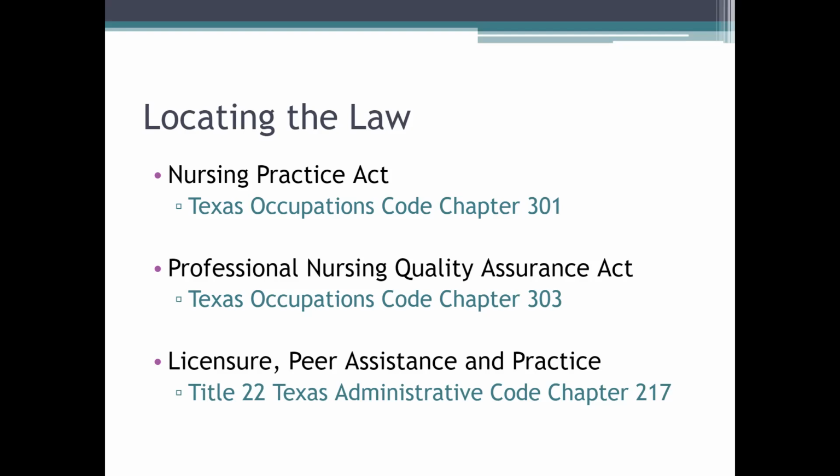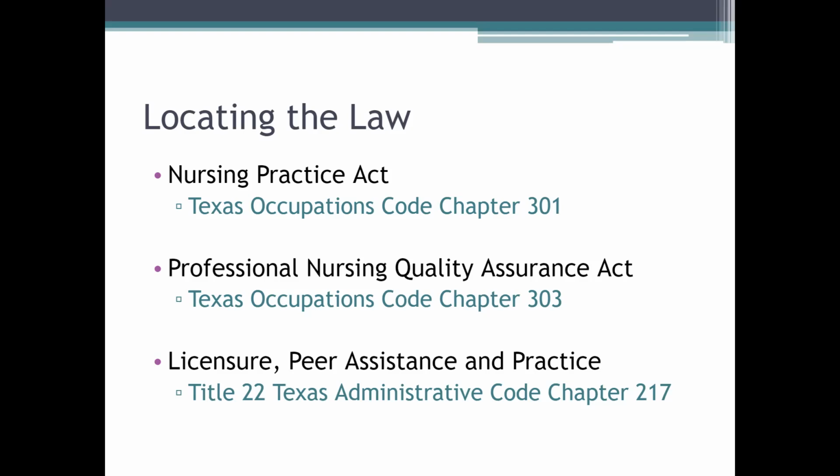I'm going to walk you through the difference between the Texas Occupations Code and the Texas Administrative Code. Chapter 301 of the Texas Occupations Code contains the Nursing Practice Act, which creates the BON and defines its responsibility for regulating nursing education, licensure, and practice.